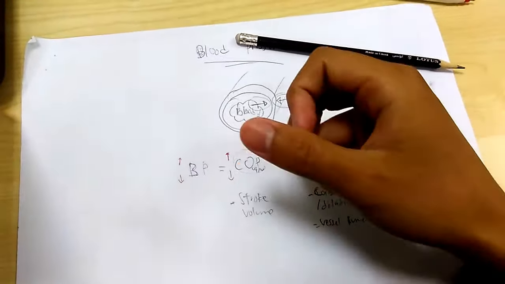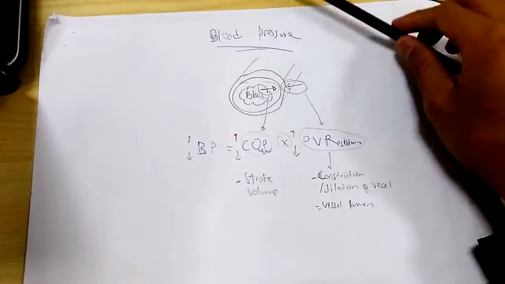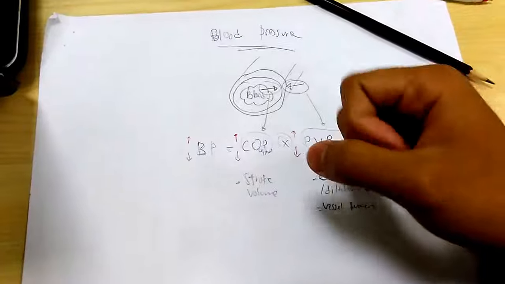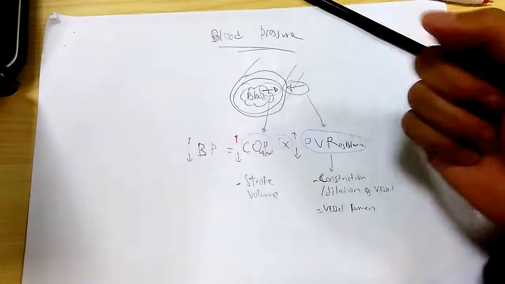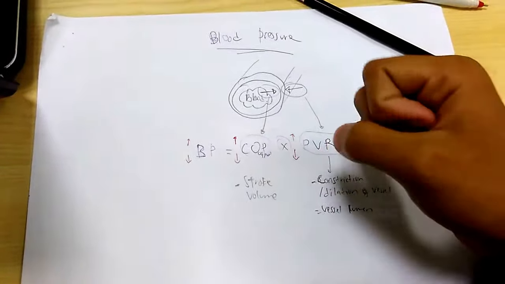So remember, if the heart rate increases, the cardiac output increases. Stroke volume basically depends on the person. What I want to say is the heart rate.